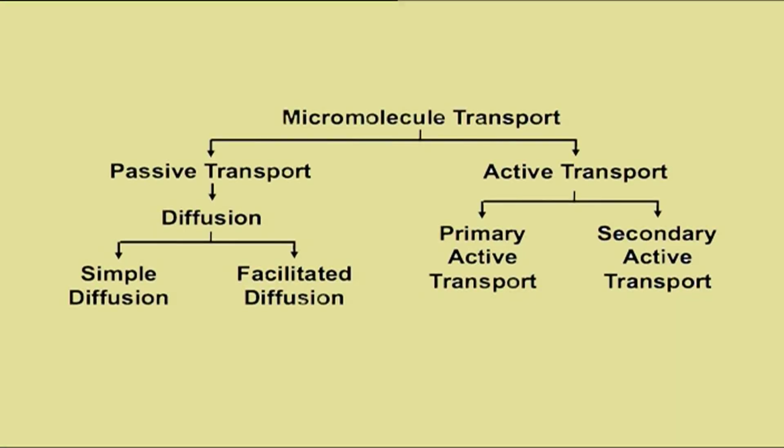The macromolecule transport requires energy and hence it comes under active transport, whereas micromolecule transport can be either passive or active type. Now, first we will see the different types of micromolecule transport.